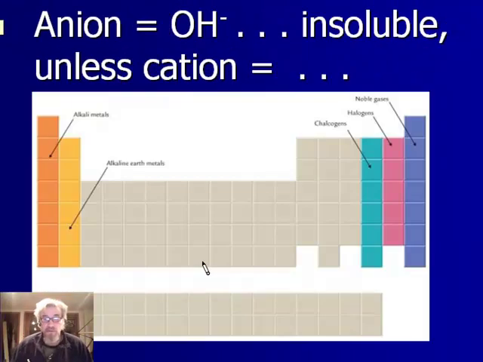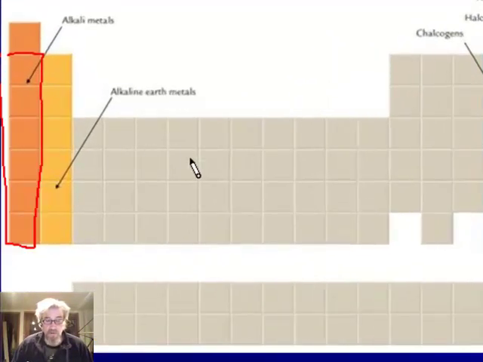Another common rule, if your anion is hydroxide, the OH- ion, it's almost always insoluble. Most of the time you're going to see hydroxides that are either group 1s or transition metals. Group 1s are going to be soluble with hydroxide. There are 3 other things that are soluble with hydroxide, and that's calcium, strontium, and barium.